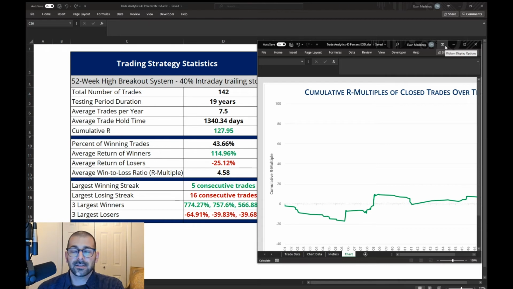So if you're going to give something 40% worth of room, if you wait till the next day to exit it, plus or minus 1% doesn't really make a big difference when you're already giving it 40% room versus the 1% stop loss.